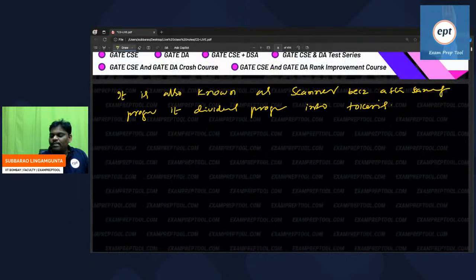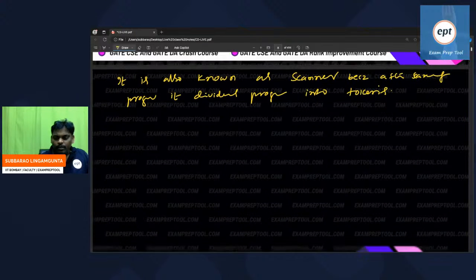It is also known as scanner because after scanning the program, it divides the program into tokens. Yeah, perfect. Now come to the next one.